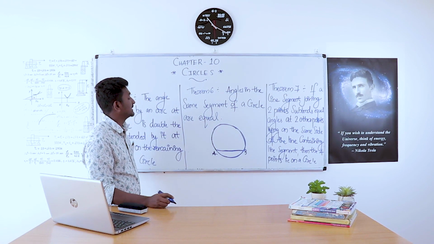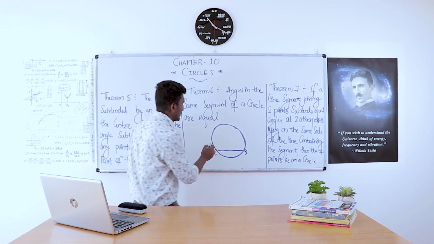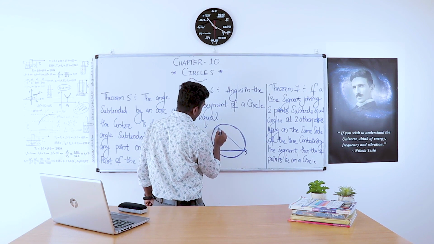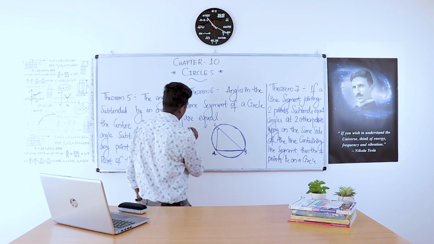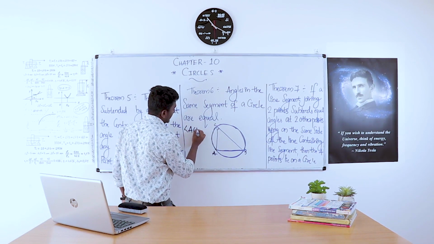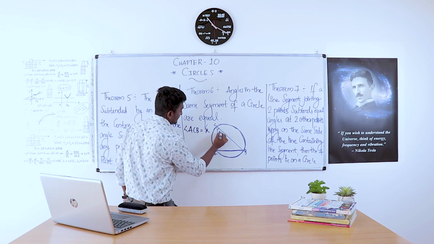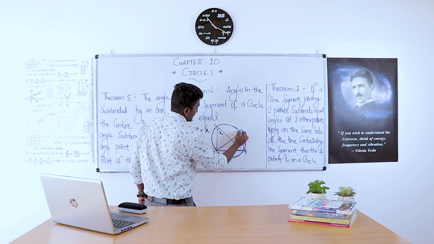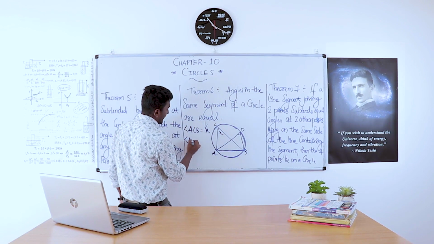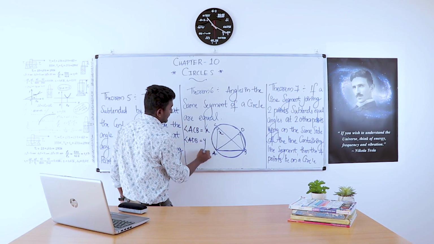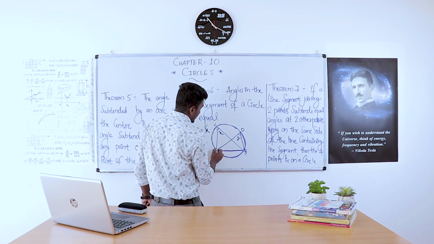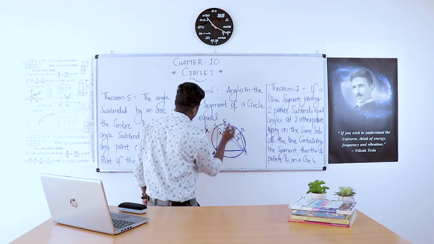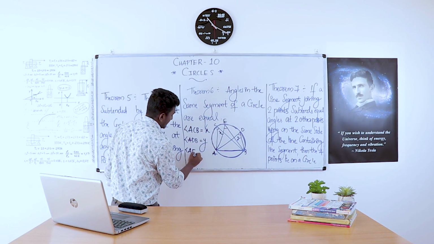And what the theorem says, angles in the same segment of a circle. That means from this chord an angle is formed, that is angle ACB. Let it be X. And I am considering another angle which is angle ADB. Let it be Y. Also I am considering one more angle, angle AEB. Let it be Z.